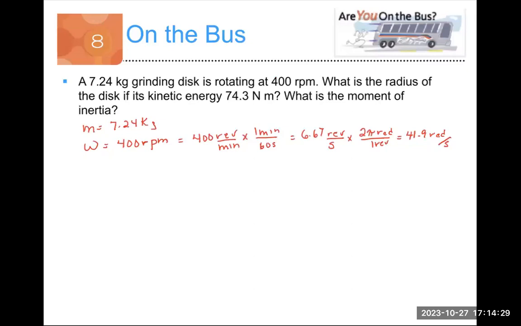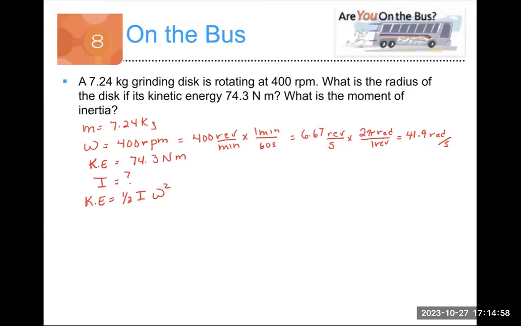So we're told it has a kinetic energy of 74.3 Newton meters. And we want to know what's that moment of inertia. Okay. Well, remember our kinetic energy is 1/2 I omega squared.